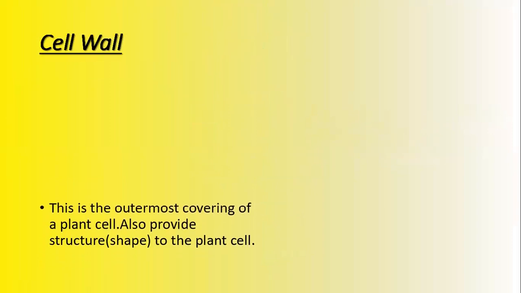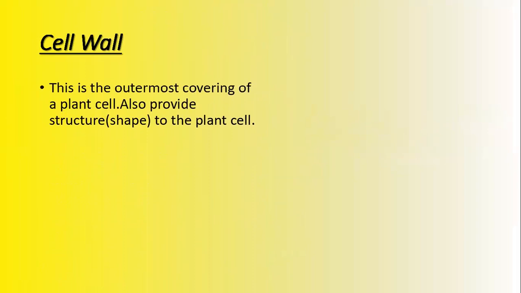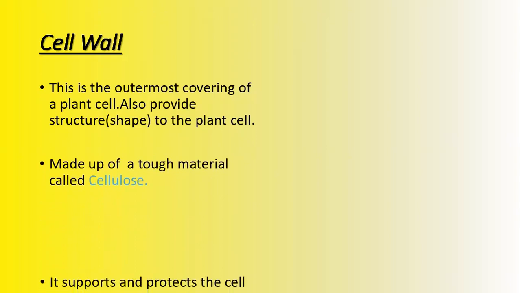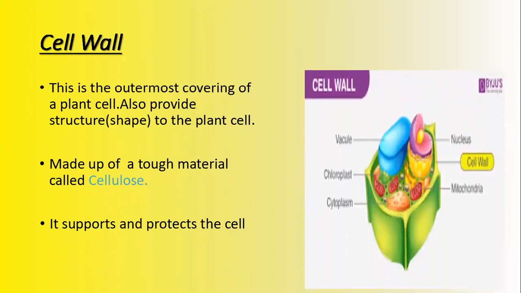First, we will explain the cell wall. This is the outermost covering of a plant cell, and it also provides structure to the plant cell. It gives shape to the plant cell. It is made up of a tough material called cellulose. It supports and protects the cell.